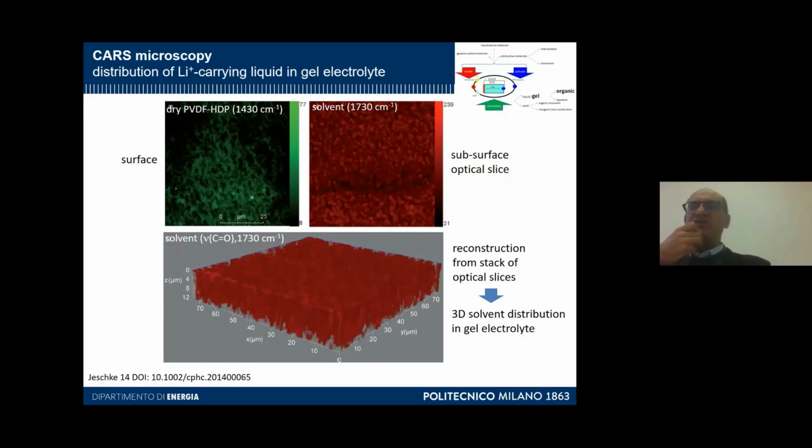And this information and its extension to in situ applications can be directly linked, on the one hand, with the effective ionic conductivity and mass transport of electroactive species, and on the other hand, with the morphochemical stability of the composite electrolyte and electrode-electrolyte interfaces.